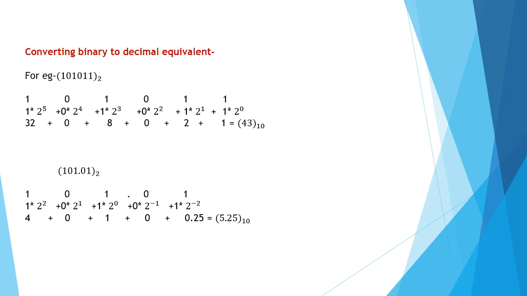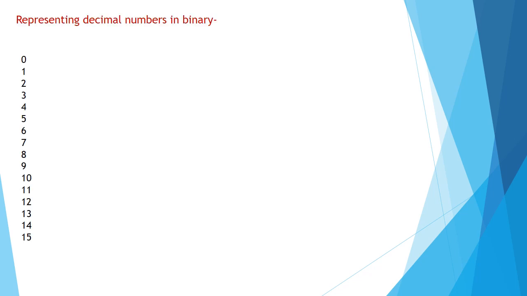Now let's move further. Now let's see how to represent these decimal numbers in the form of a binary equivalent. In the previous slide we have seen how you can take a decimal number, divide it by 2 and list the remainders to convert into the binary form. Now let's see if we have to write these 15 decimal numbers into the binary equivalent.